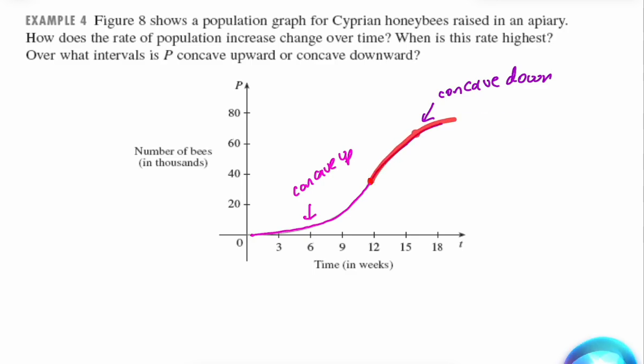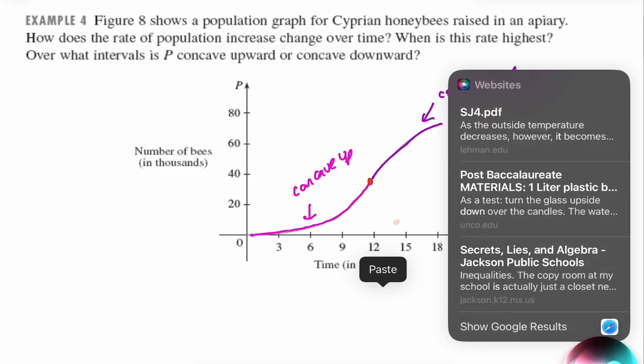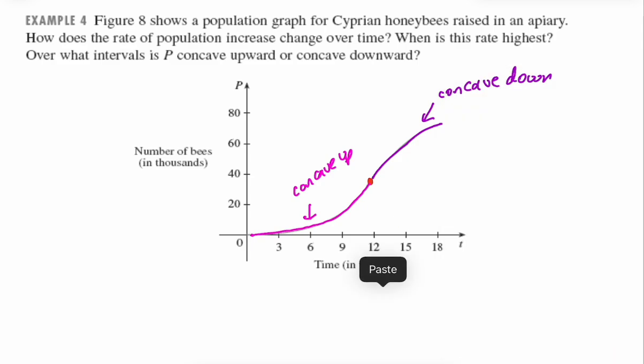Here our bowl is down. It has been flipped upside down. You can't put anything in. So if our tangent lines are below it, it's concave up. If our tangent lines are above it, it's concave down. So this little point here is called an inflection point. It happens, I'd say, really close to 12 weeks, maybe 11 and a half or something like that.